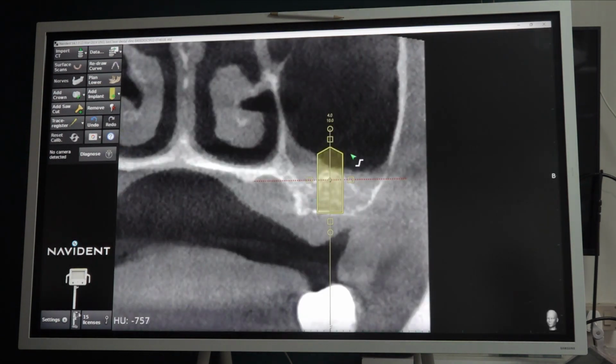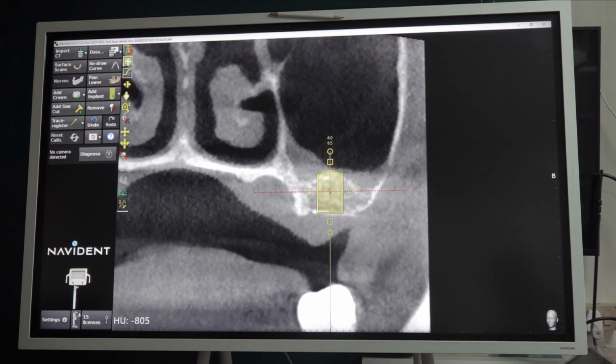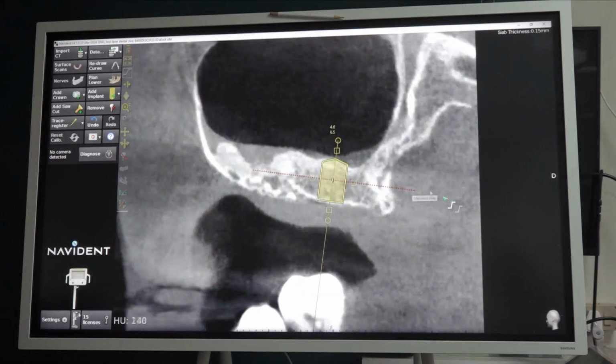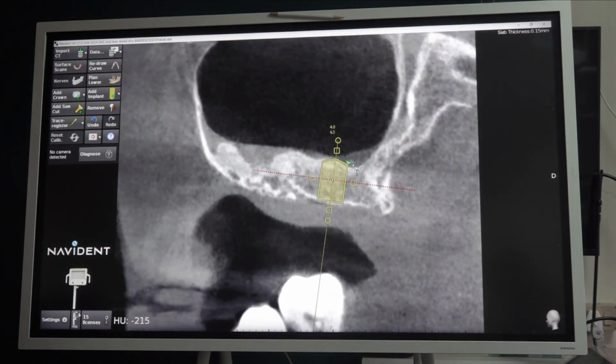You can see the linear height, 96 cm, right? So the sinus has gone till the pterygoid, so that is a challenging situation for us. If you start here and go like this, you will be entering the sinus.